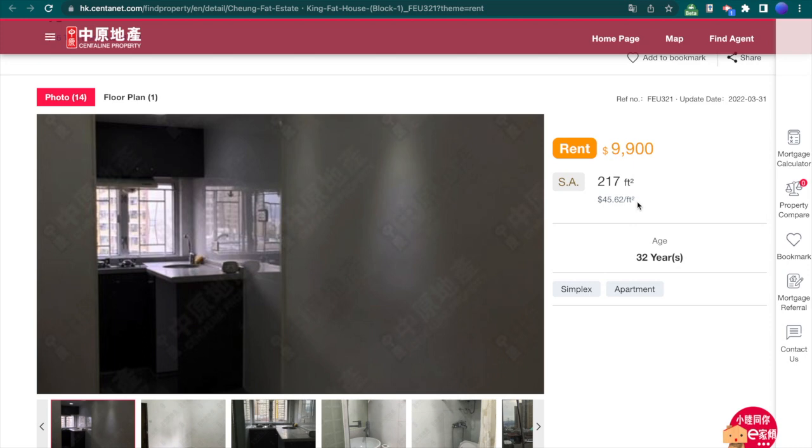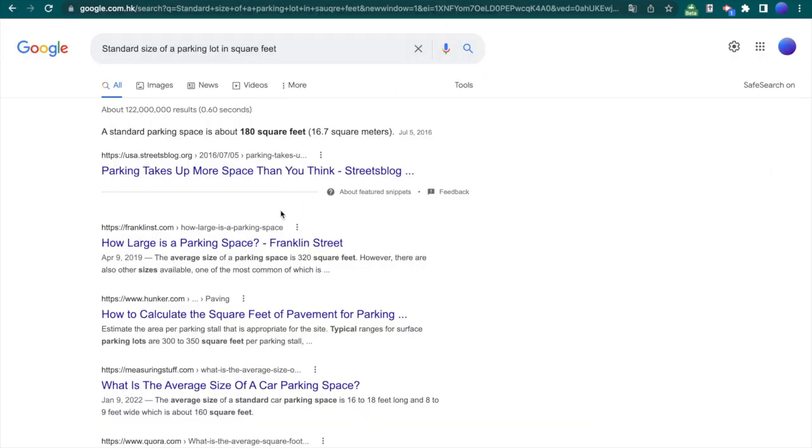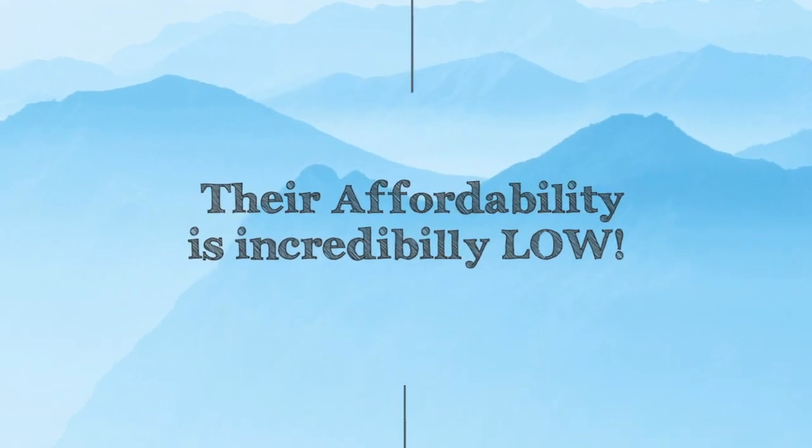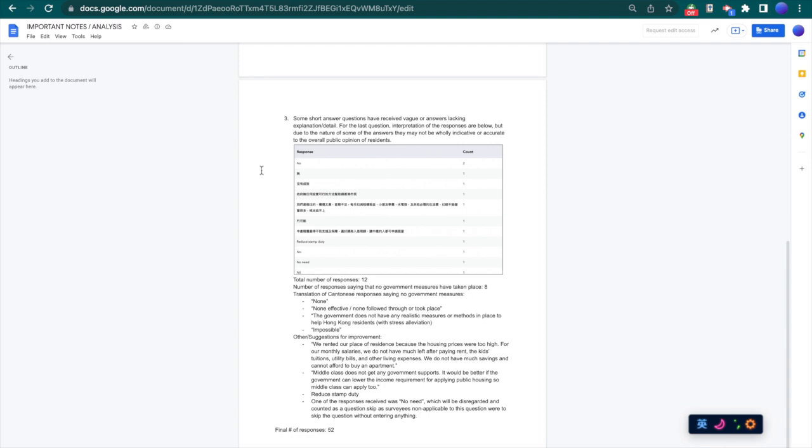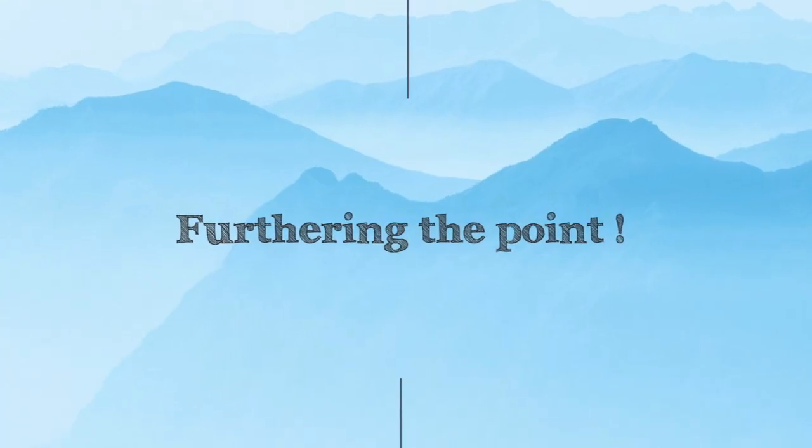In addition to that, the corresponding size of the room is only 217 square feet, about the same size as a standard parking lot, suggesting that the affordability is incredibly low, which is also shown through the survey our class conducted in Tsing Yi, as 100% of the respondents do not consider their housing affordable, and some even stated, "For our monthly salaries, we do not have much left after paying rent, the kids' tutoring, utility bills, and other living expenses. We do not have much savings and cannot afford to buy an apartment," suggesting their low affordability even further.